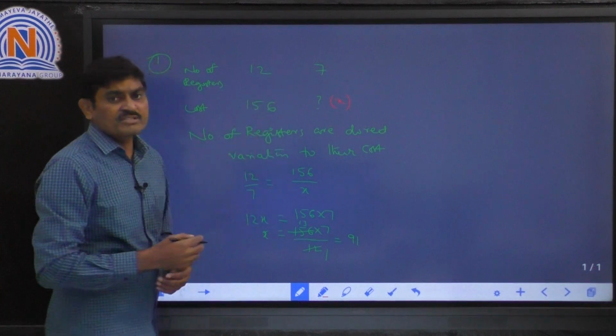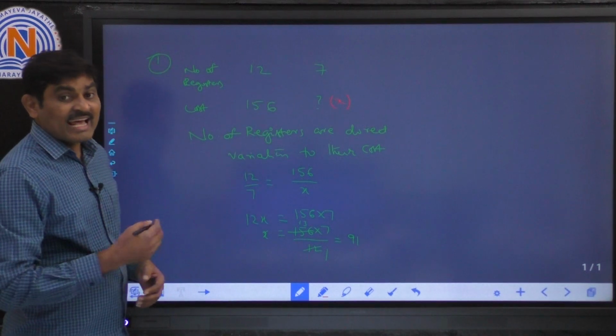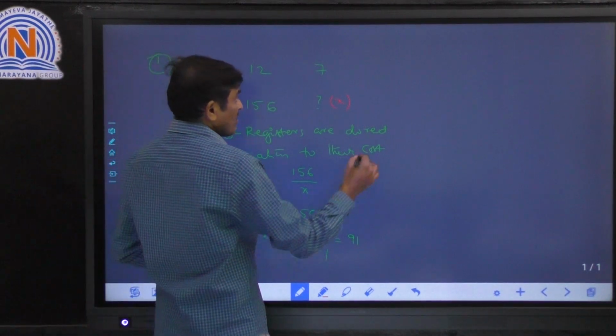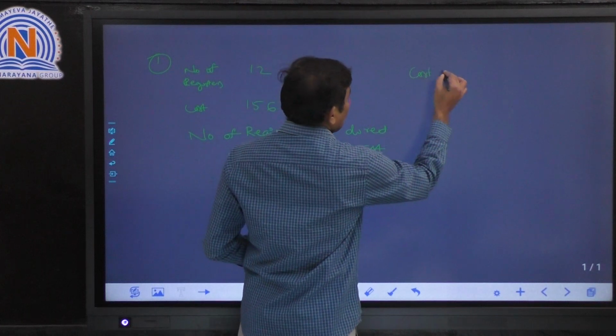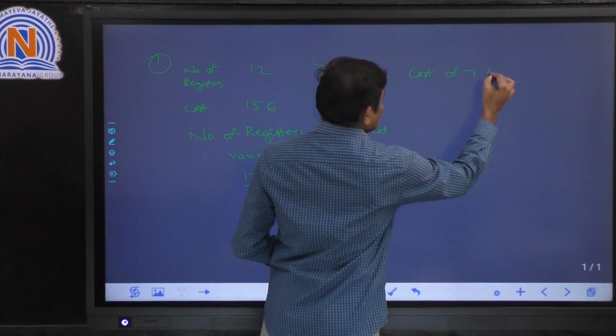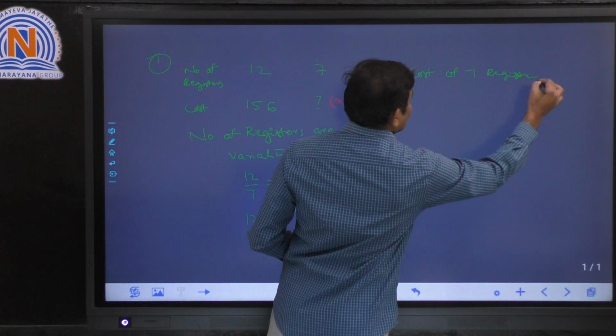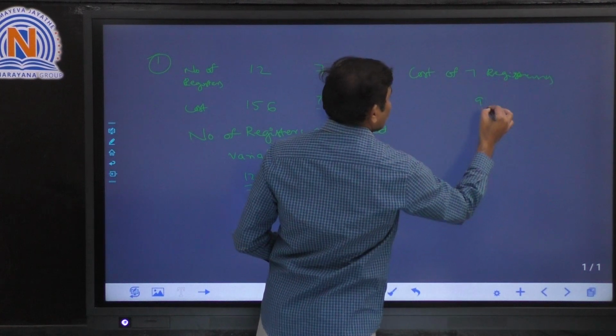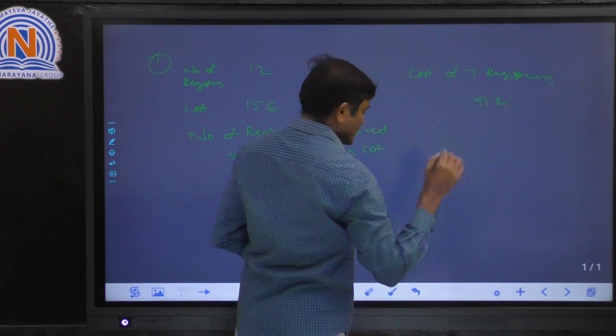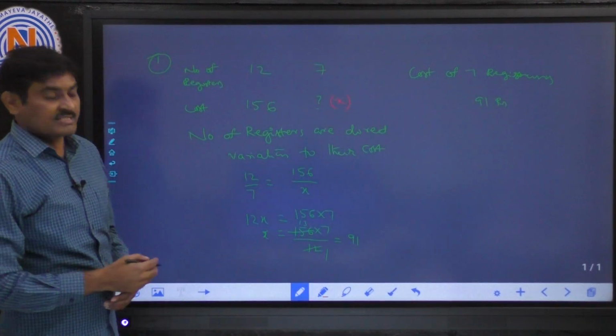So the cost of 7 registers is 91 rupees.